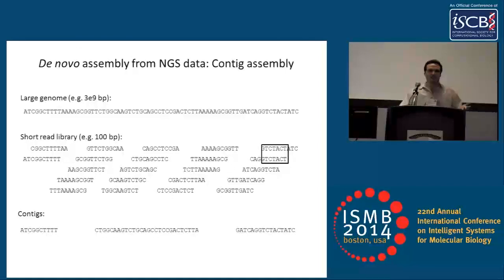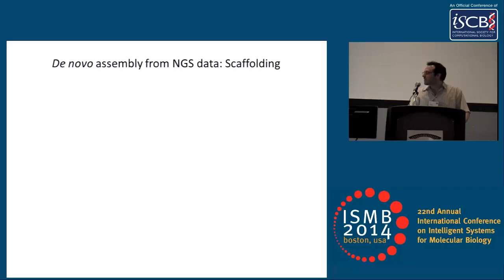Okay, and by the end of this process, instead of the whole genome sequence, you're going to have just longer pieces, which are called contigs. And the reason you're just going to have a bunch of pieces is because the genome is very large and it's very complex.